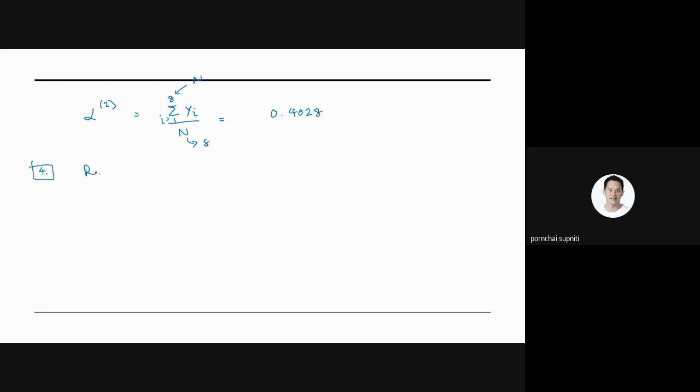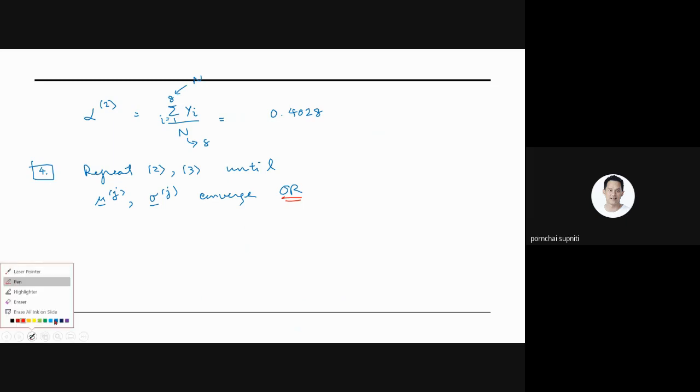We repeat step number 2 and step number 3 until the mean and the sigma j converge, or the number of iterations is reached.